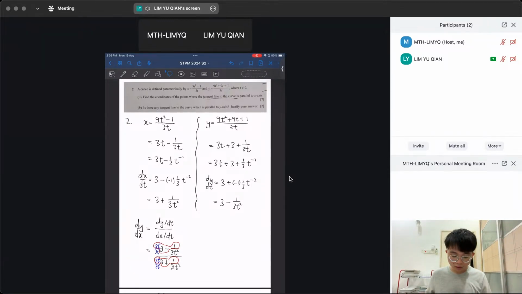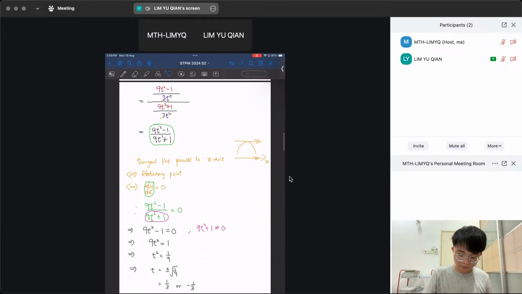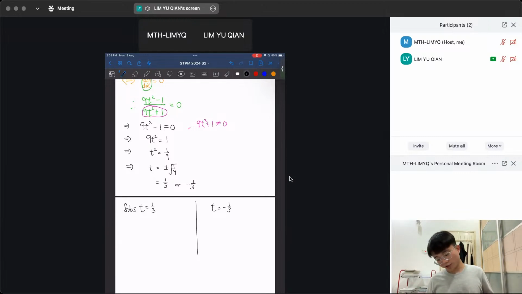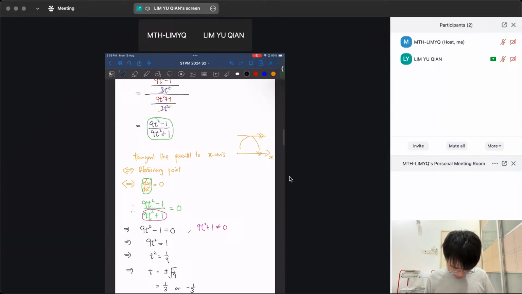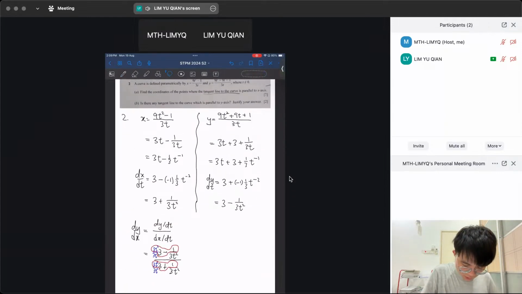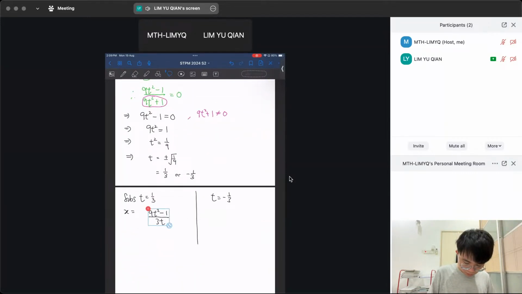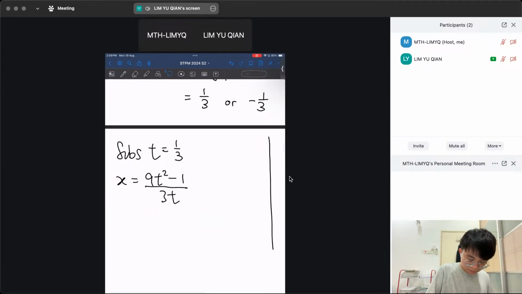Okay, let's sub in t equal 1 over 3 and t equal to negative 1 over 3. We find the x and y, and we can get the xy coordinate. X is equal to this one, t square minus 1 over 3t.